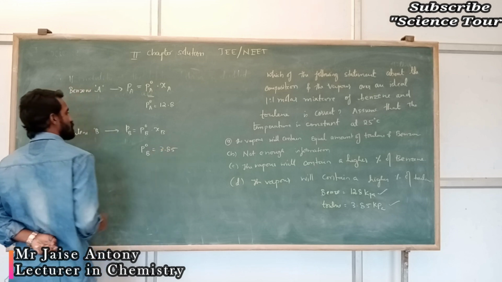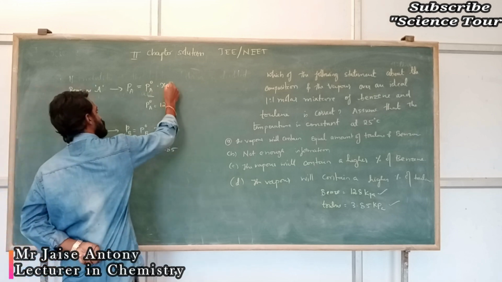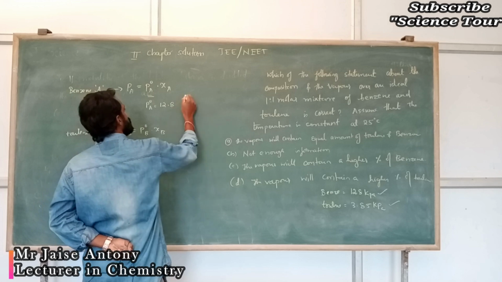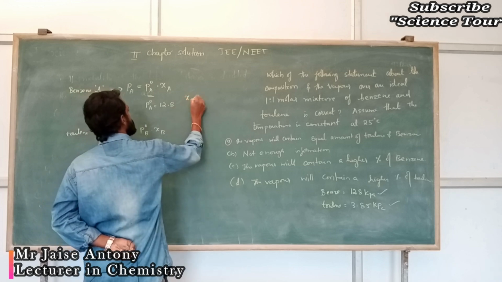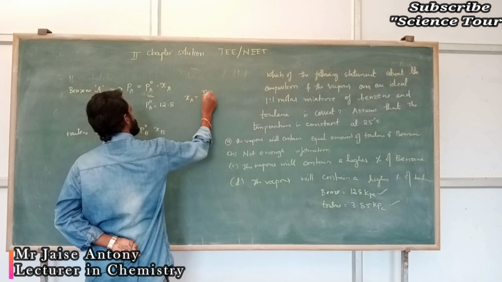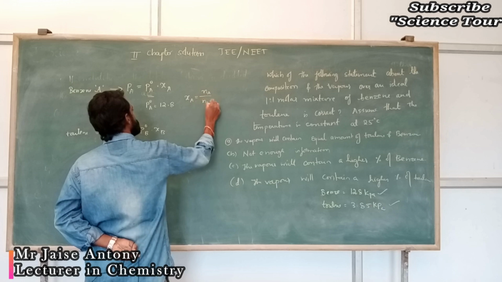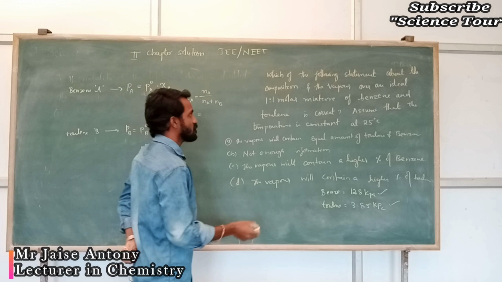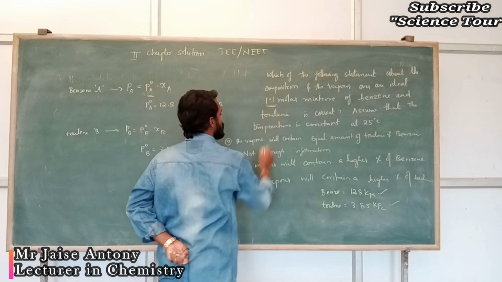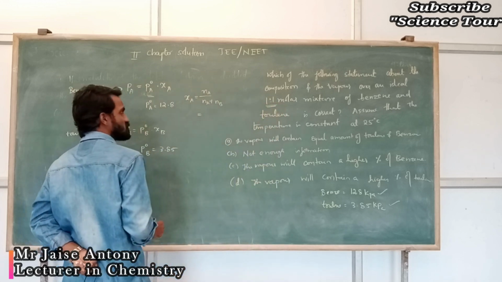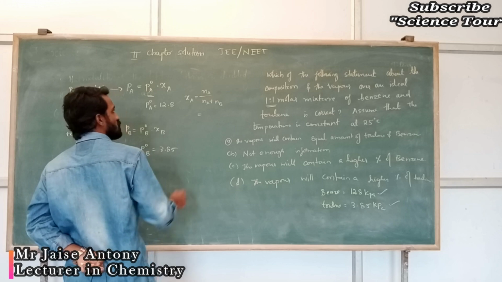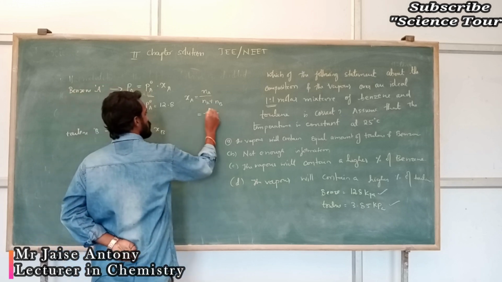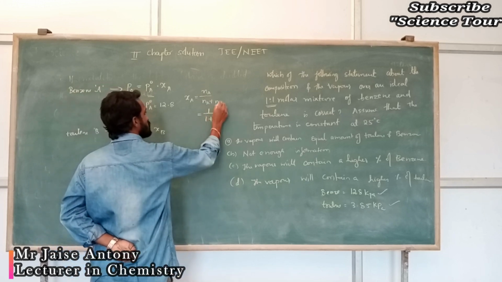It is already given. You have to find the mole fraction of A and mole fraction of B. Here mole fraction of A, XA, is Na divided by Na plus Nb. Here Na is the number of moles of A, and it is a 1:1 molar ratio. That means A is 1 mole, B is 1 mole.